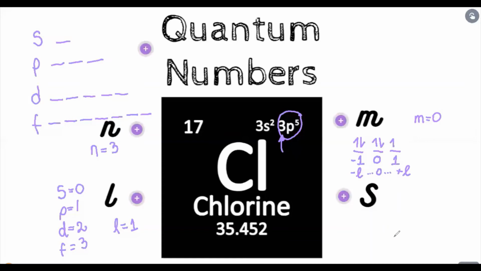Now for S, which is the spin, I have 2 possibilities. This describes to which side my electron is spinning. So I represent it by plus 1/2 or minus 1/2.